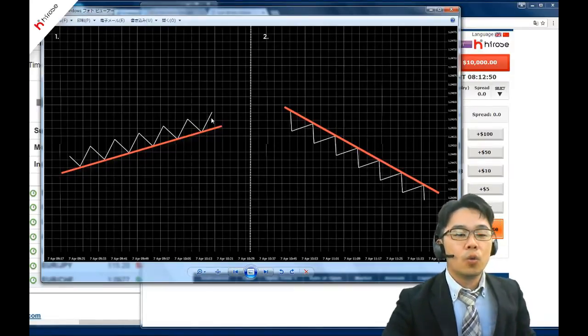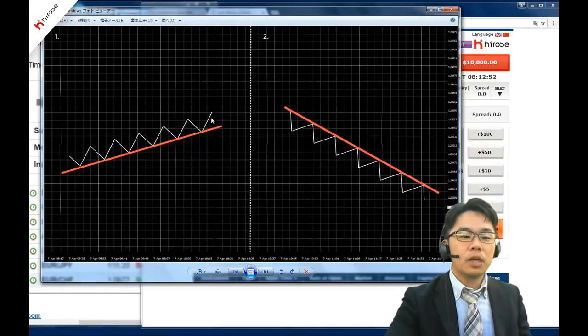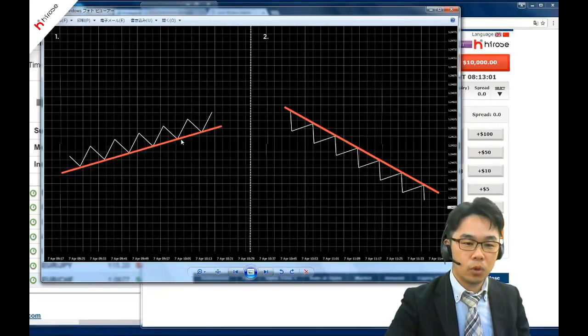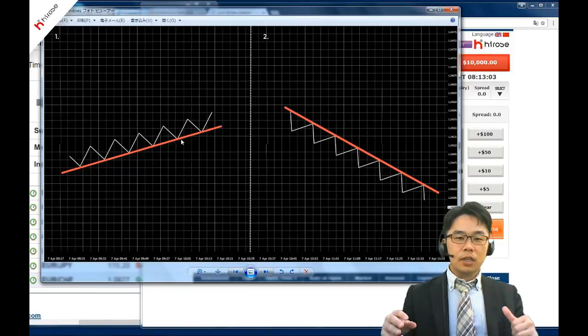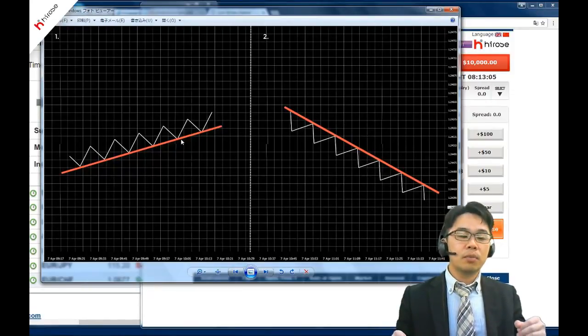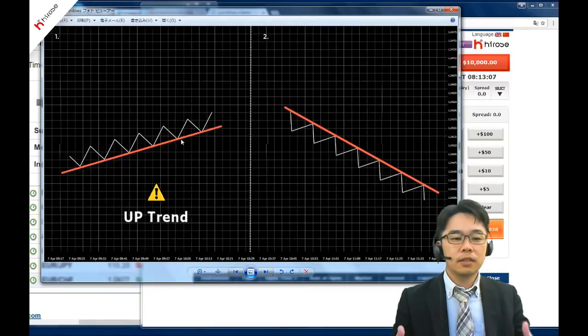When the market price is moving upward, if you connect the bottoms of the market prices, you can draw a trend line upward. So when you see the trend line can be drawn upward, then you can say that the market trend is up.